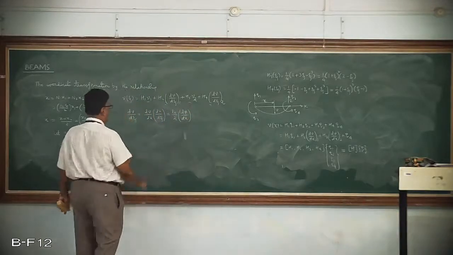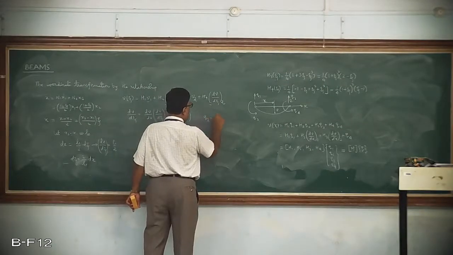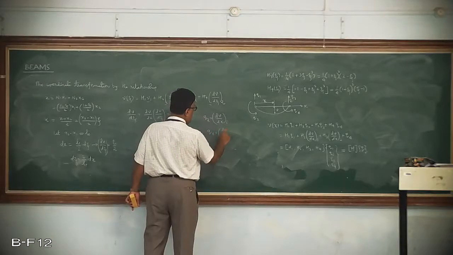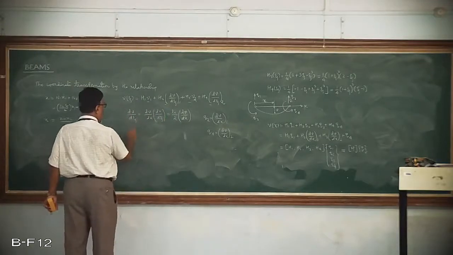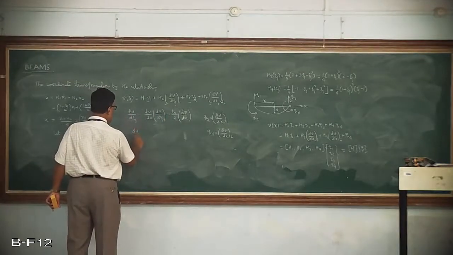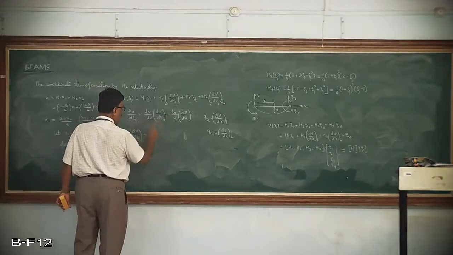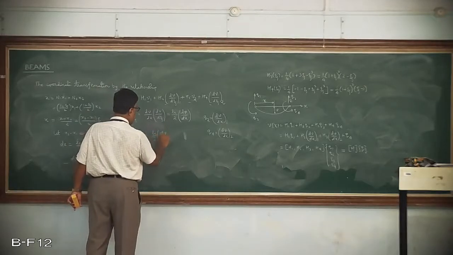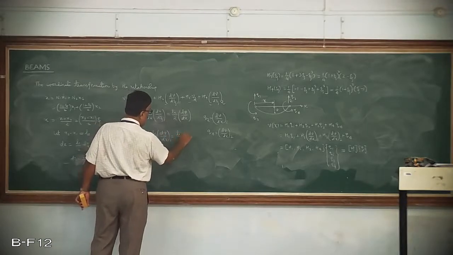Since I have already told you, Q2 is given by dV by dx at 1 and Q4 is given by dV by dx at 2, if I want the value of dV by d zeta at 1, it is going to be LE by 2 into dV by dx at 1, which is nothing but LE by 2 into Q2.